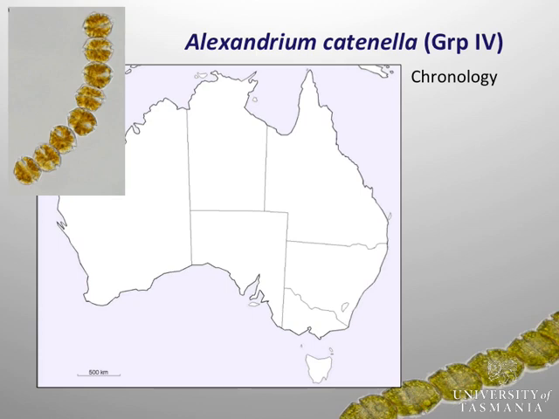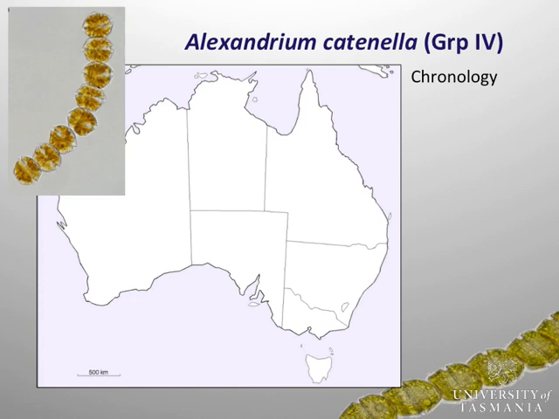So when we say catenella, which is our morphological species, we see these chains of cells that effectively look just like a chain of Alexandrium tamarense cells like any of the others. And if you just see a single cell of those, you don't know which one's which, and morphologically these are not overly different.